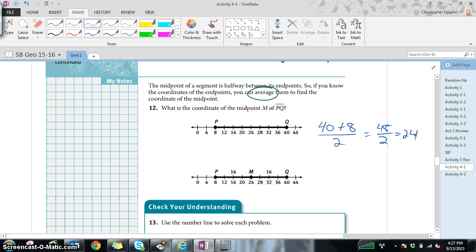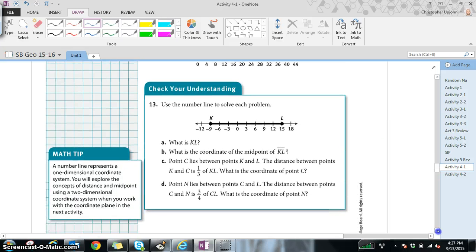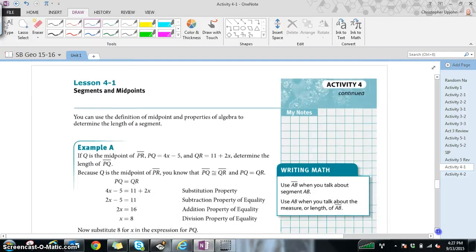So it's 48 divided by 2, so 24. That is my midpoint. And you can see that, again, 24 minus 8 is 16. 8 minus 24 is -16, but take the absolute value. So we can find each of these. 13 will be our warm-up in class.